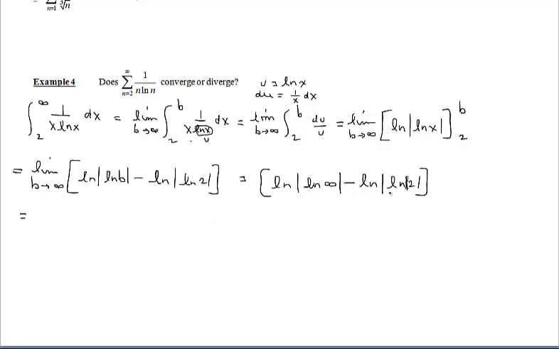So natural log of infinity, again, think of the natural log graph. Natural log of infinity is infinity. And then on the outside here we'd have the natural log of infinity again, so that would be infinity minus natural log, absolute value, natural log of 2. Well, infinity minus this small value is still going to be infinity.